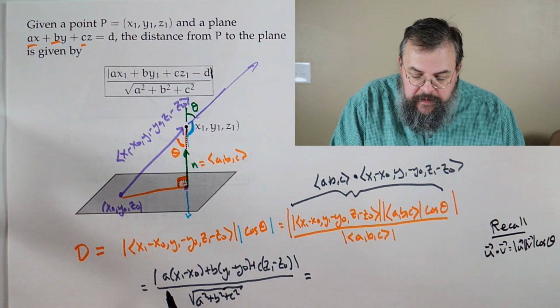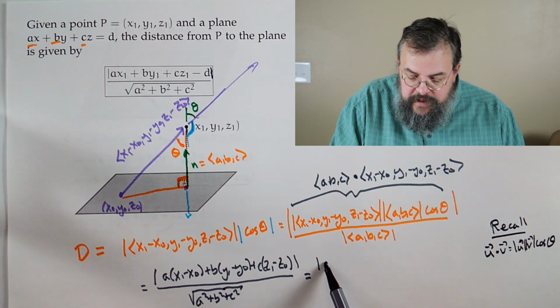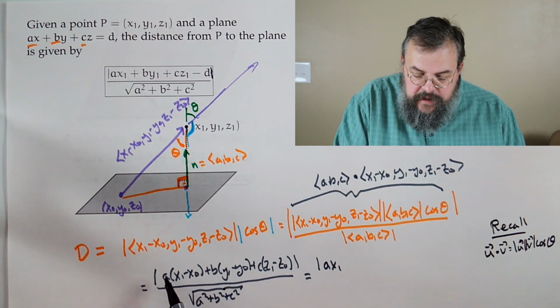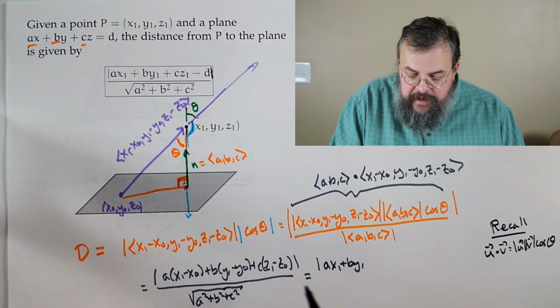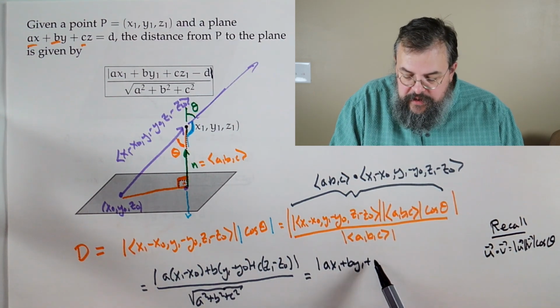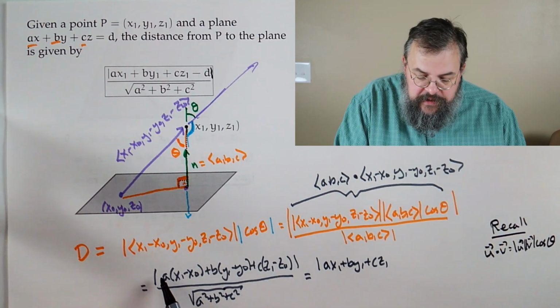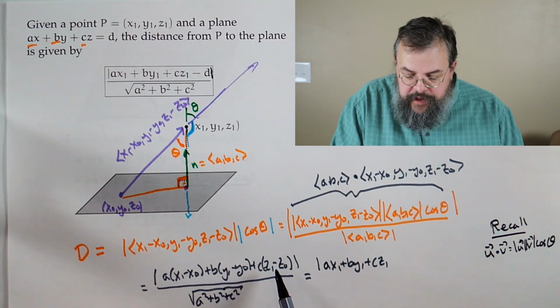Look at the top. Let's write it out. So we'll put ax1, then by1, and then cz1, great. That takes care of the first pieces of every one of the three terms.